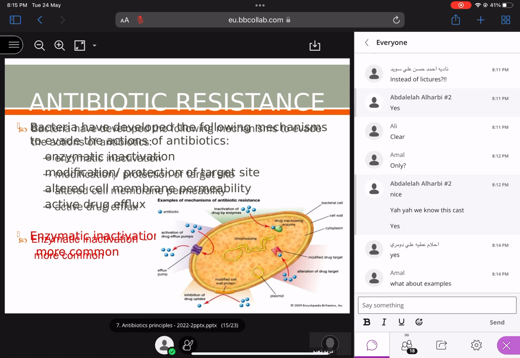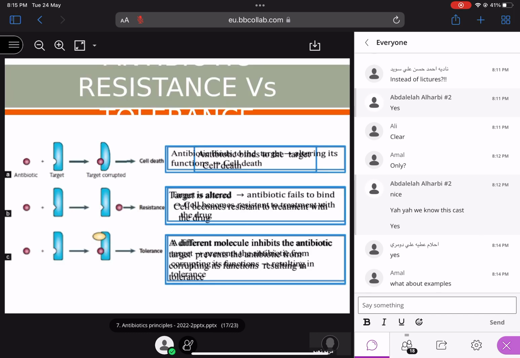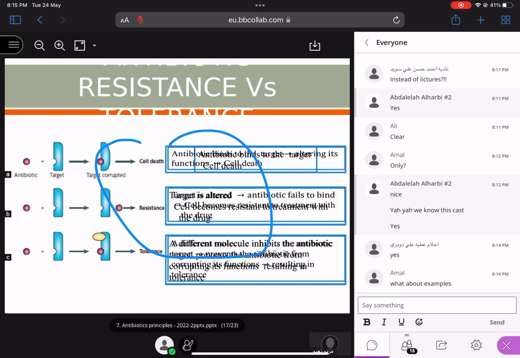What is antibiotic resistance also? What are the mechanisms by which antibiotics show resistance, which is the most common? What is resistance and tolerance?